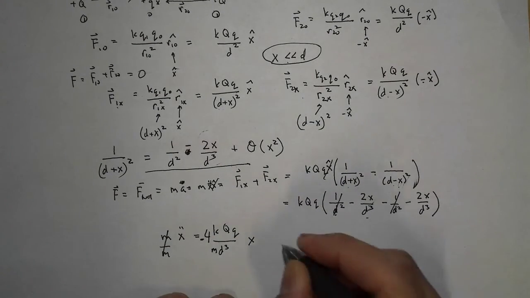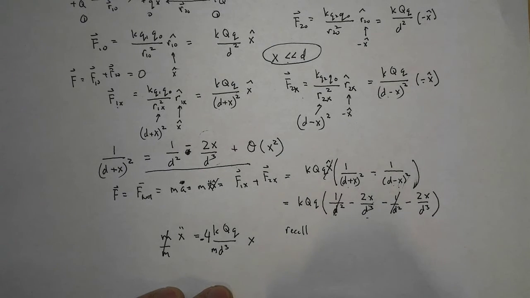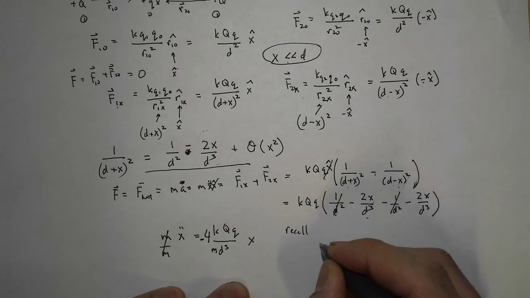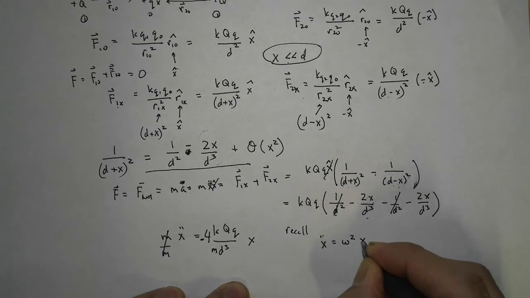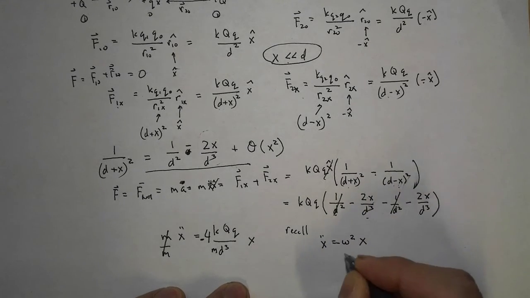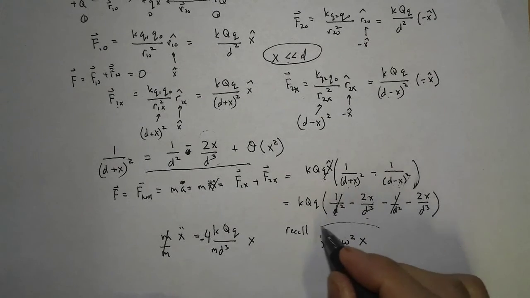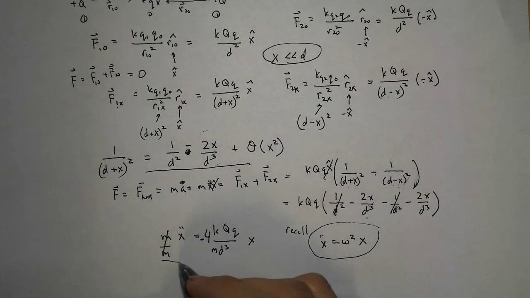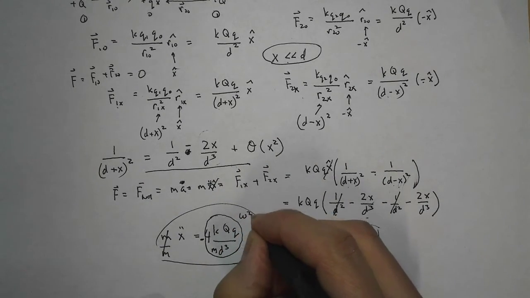that becomes a 1. And now I'm going to recall the simple harmonic oscillator, which is x double dot equals minus omega squared x. If I look at this thing and I look at this thing, this term right here plays the role of omega squared.